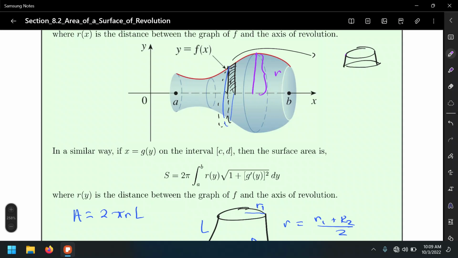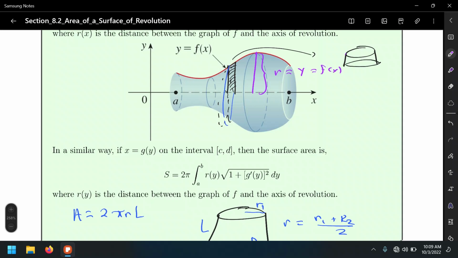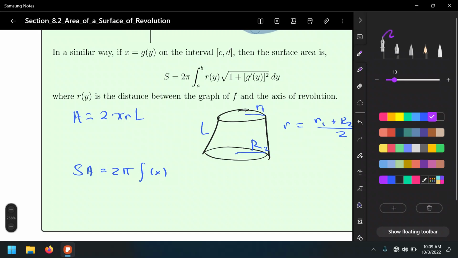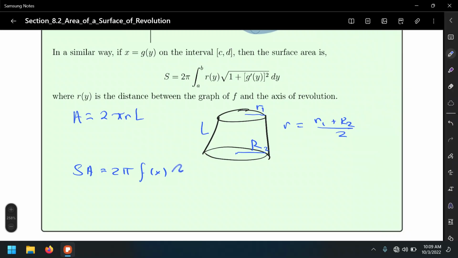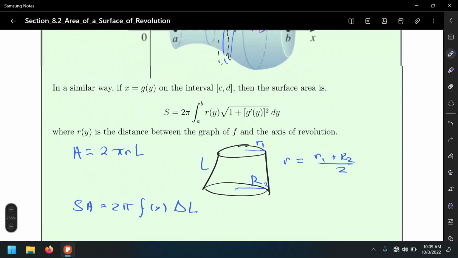Because that distance is vertical, that should be equal to y. It's going in the y direction, but usually we represent y as f of x. So that's f of x, and L is going to be our delta L.